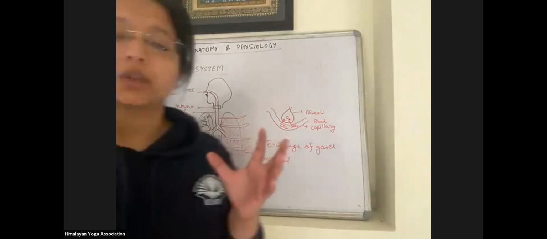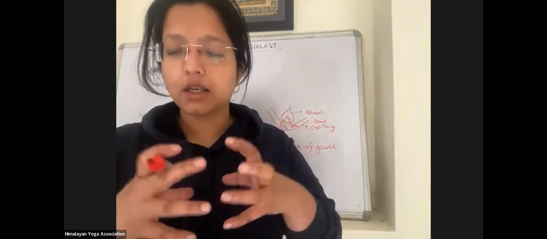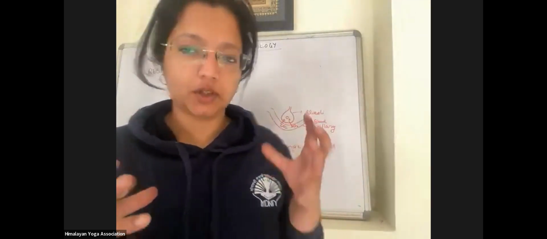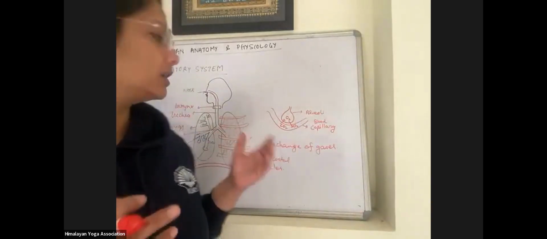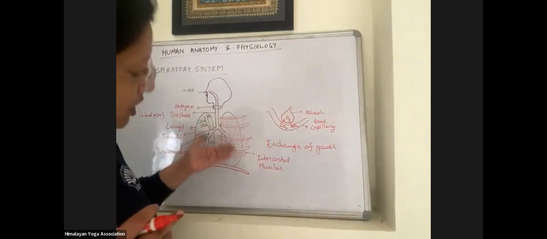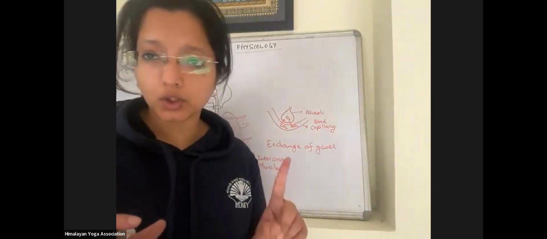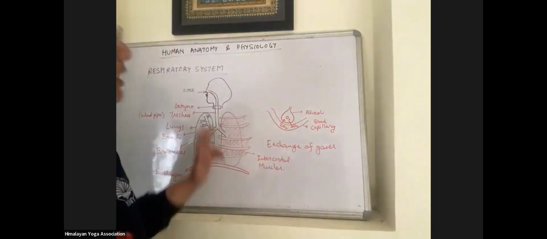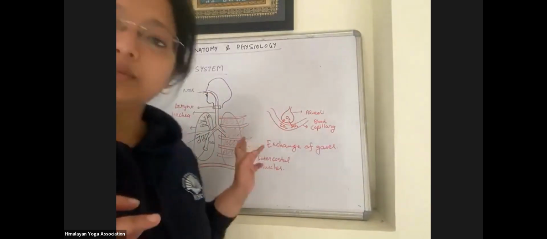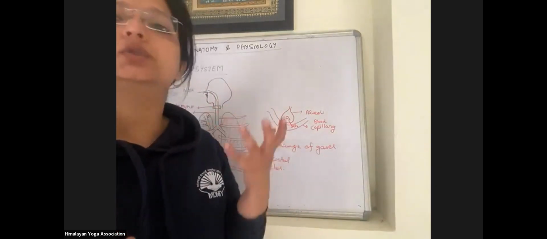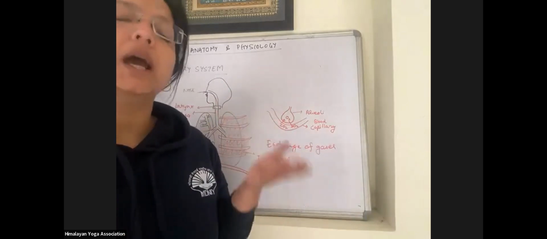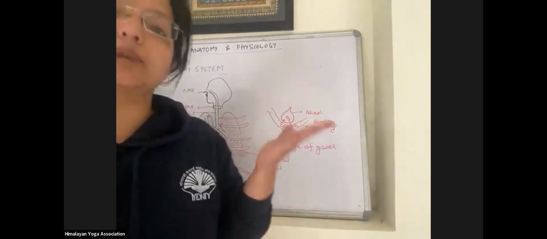Okay, so when lungs expand due to inhalation, these are the two factors that help in expansion of lungs. That is the rib cage. In the rib cage, the bones do not move. The bones are moved because of these intercostal muscles. On their own, the bones do not move. They need some support, and that support is given by the muscles.